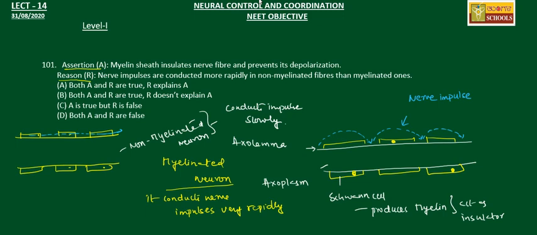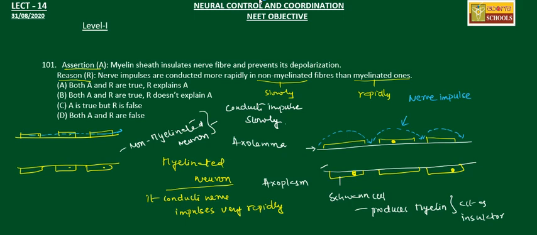Then the reason: the nerve impulses are conducted more rapidly in non-myelinated nerve fibers than myelinated, no. The myelinated nerve fibers conduct the nerve impulse very rapidly, and non-myelinated fibers transmit impulses slowly.